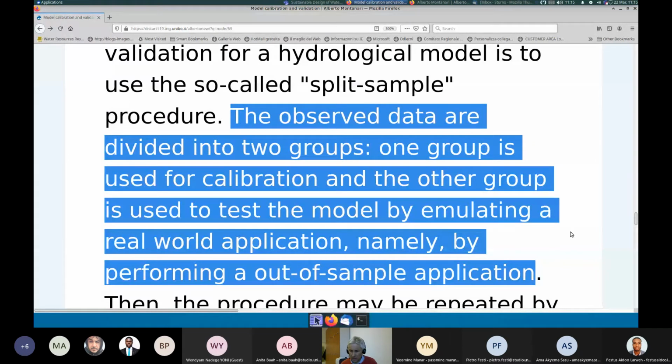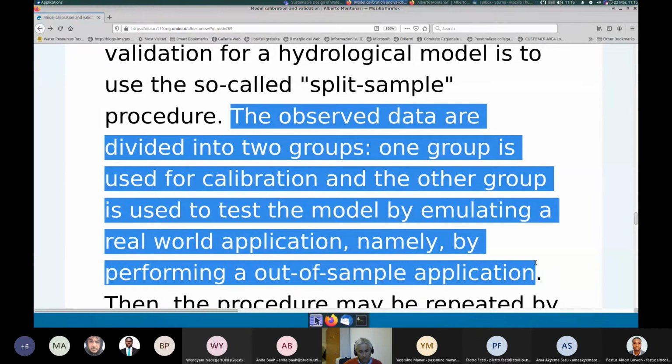Like, you have 10 years of data, you use 5 years for calibration, and then by using the calibrated parameters, you simulate the other 5 years. Then you are testing the model with respect to an out of calibration sample situation. And this is the way validation is more frequently performed.